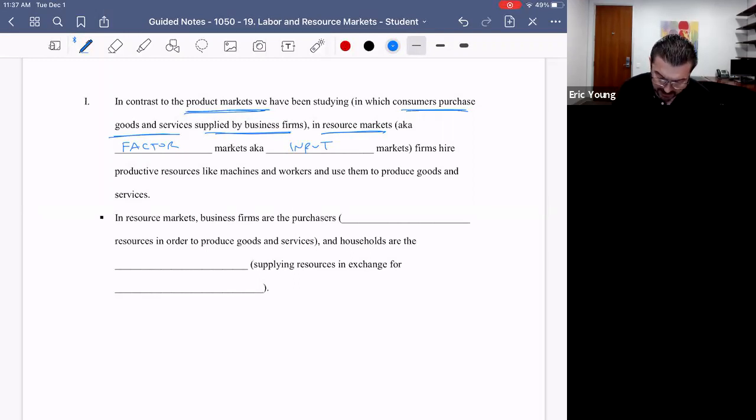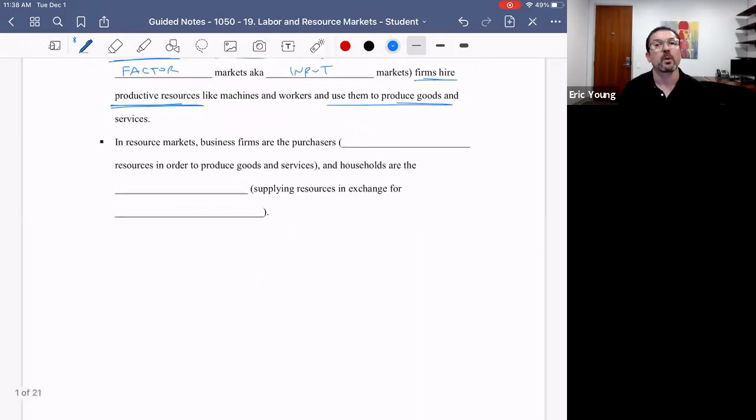But the big picture here, in contrast to the product markets, in a resource market, a factor market, an input market, it's the firms, the businesses that are hiring productive resources: machines, tools, robots, factories, workers, etc. It's the firms that are hiring these productive resources and using them to produce the goods and services that they sell to us in product markets.